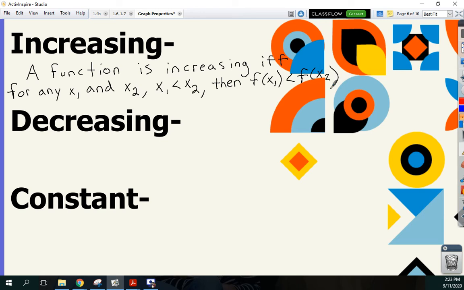So basically what we're saying is as my x values go to the right, my y values must also be going up. And so it gives us that context.